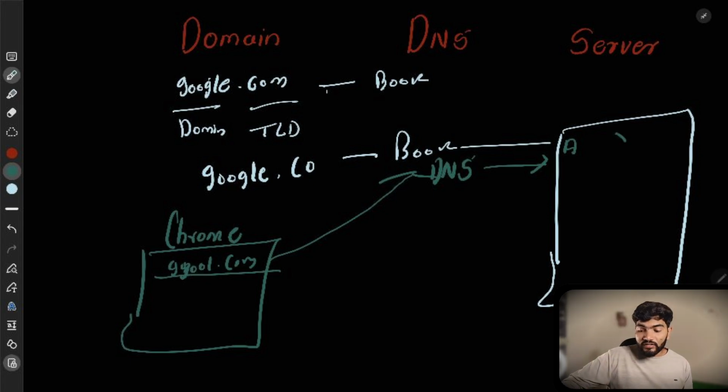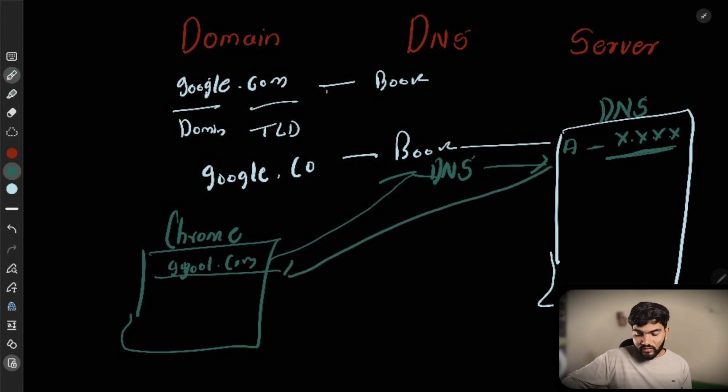Suppose the website is hosted on this particular IP address. Okay, then there will be an A name record in this particular DNS book, Google's DNS book, which will show the IP address of the server where the website is hosted, and that response will be sent to the browser again.